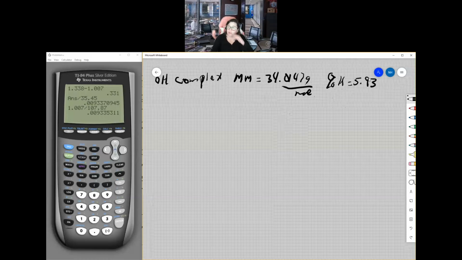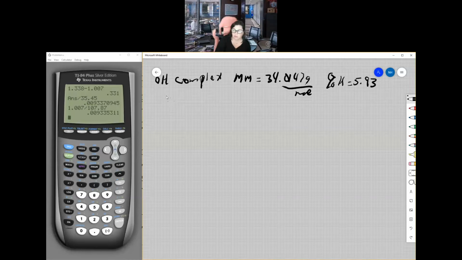Now I'm going to show you 2 ways to solve this. I'm going to show you the easy way first, and then the more complicated way. When I was a student, I would have done this the more complicated way. It's a little longer, yes, but then I knew it was the answer I was looking for. But I'll show you both ways.